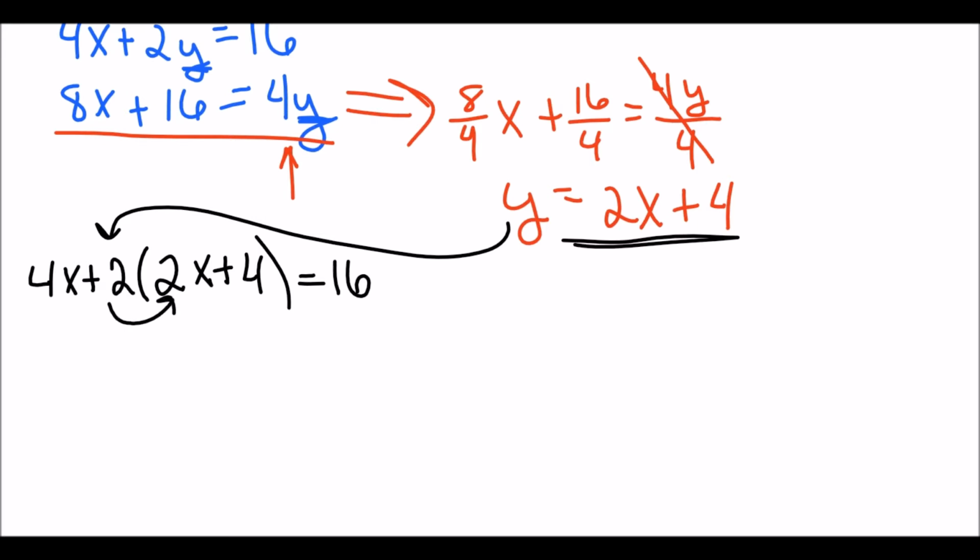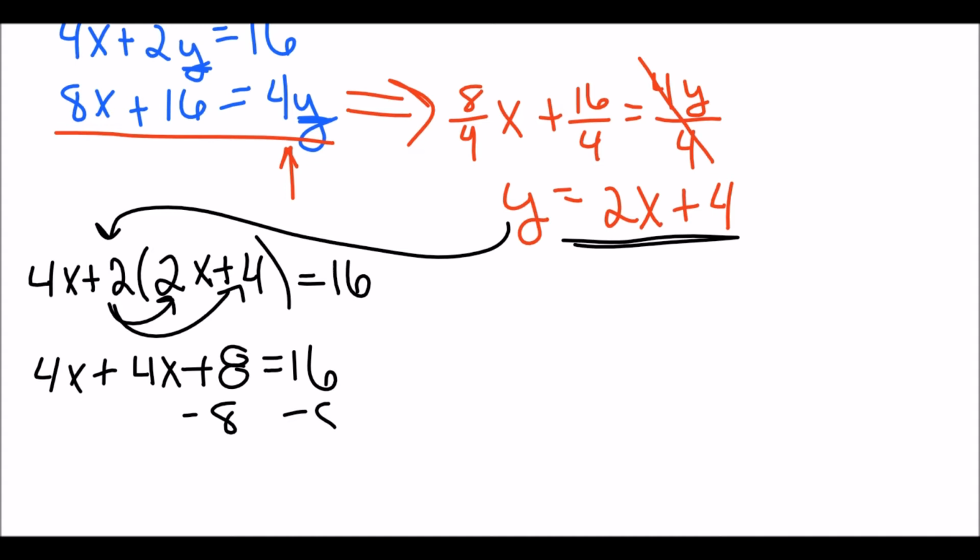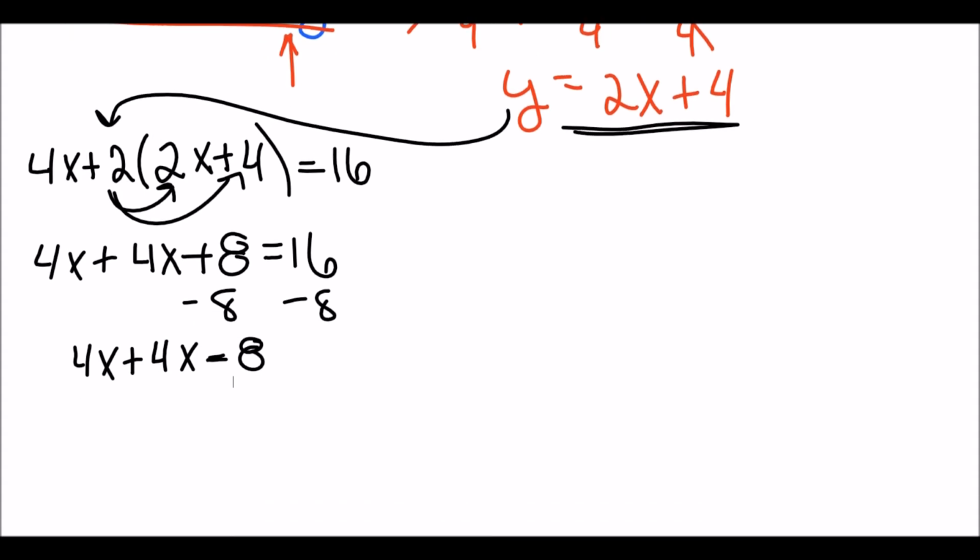So here's our friend, the distributive property, and 4x + 4x + 8 equals 16. And now we're going to subtract 8 from both sides. And we get 4x + 4x equals 8. Which then we continue to solve. And we get 8x = 8. And divide by 8. And we get x is equal to 1.